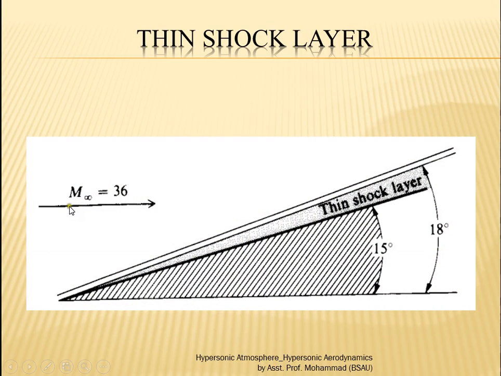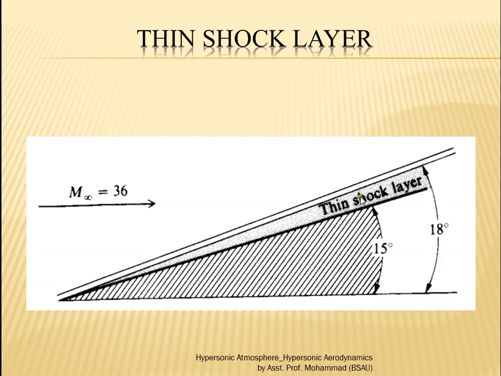A very high speed flow is taking place, and this region is very thin. These are realistic values for Mach number 36: for a deflection angle of 15 degrees, the wave angle will become 18 degrees. So hardly 3 degrees is available for the flow to take place, and the shock layer becomes very thin.